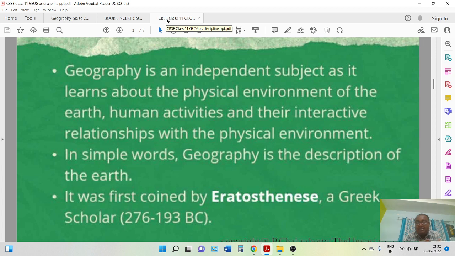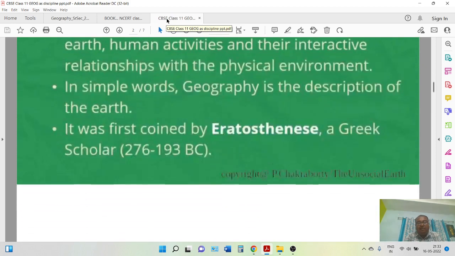Hence geography is the description of the earth. This is the most important point. The term was first coined by Eratosthenes, a Greek scholar, 276 to 193 BC. So who is the father of geography? A question may be asked to you: who is known as the father of geography? Then Eratosthenes. Eratosthenes is considered the father of geography.